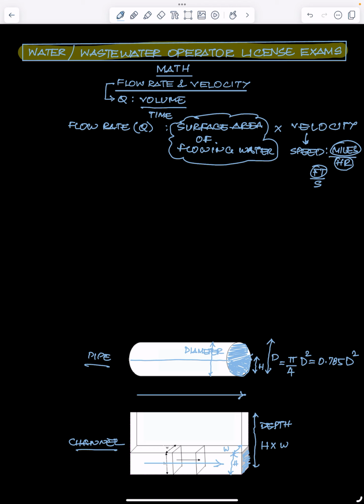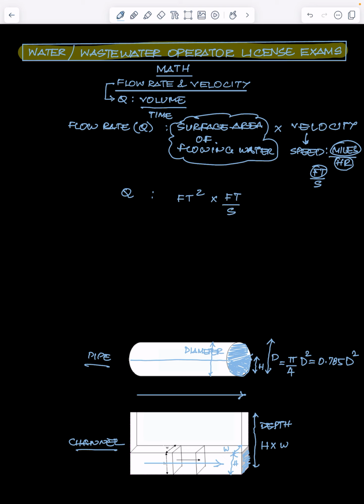So when we are looking at the flow rate, Q, which is equal to the surface area times the velocity, the unit of surface area is distance square. And typically for water calculations, the surface area is measured in feet square. And then the velocity unit, as we said, is typically feet per second.